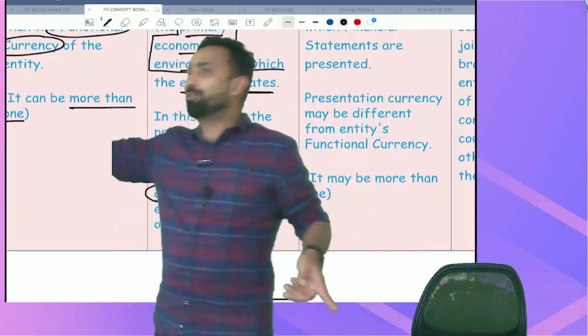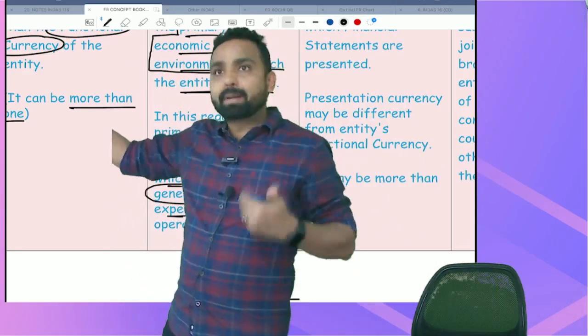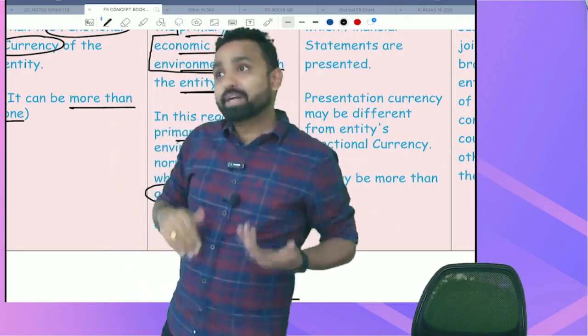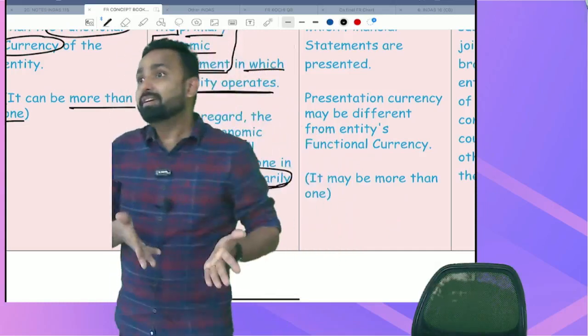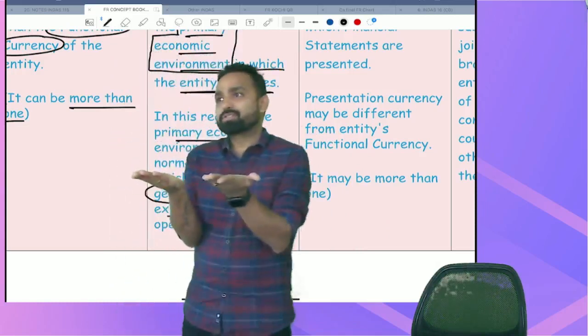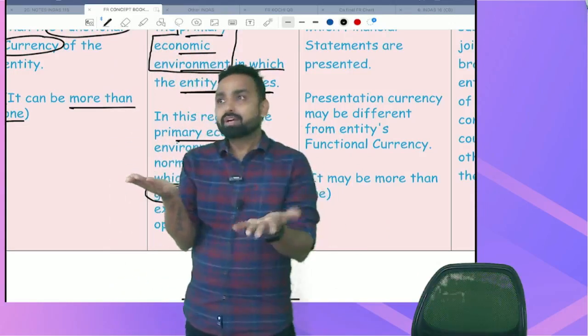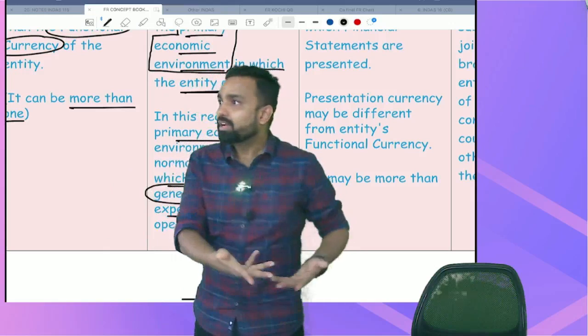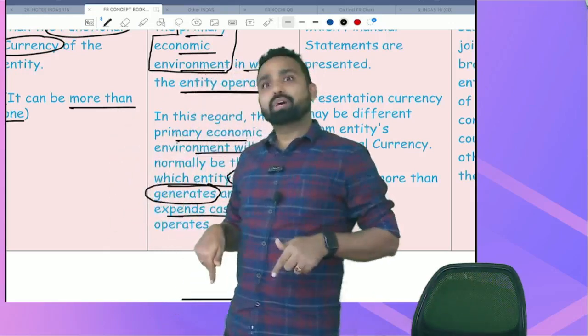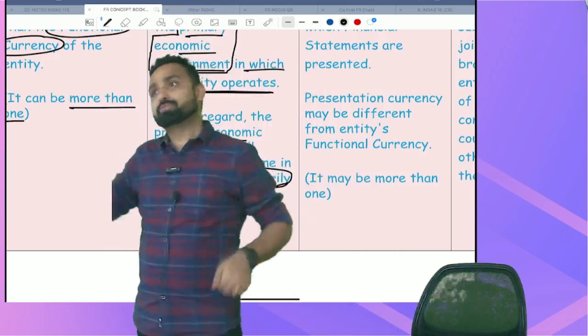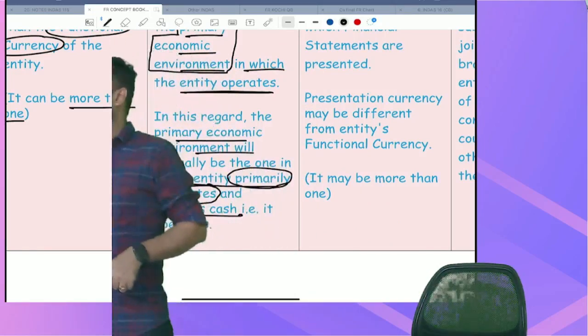I generate the cash from the US. So there are two economic environments. One is the Indian environment, where I make expenditures in rupees, but I generate the cash from the US. I have to identify which economic environment is primary for me.